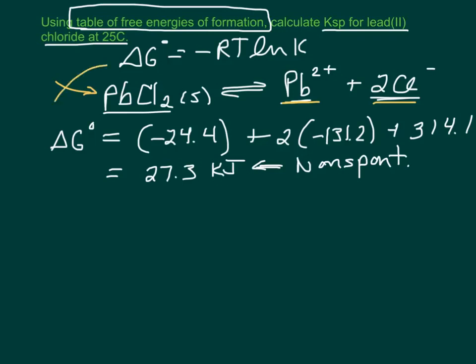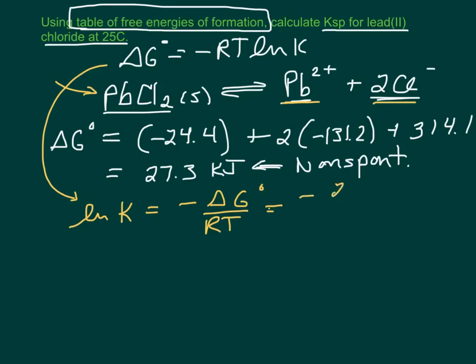So I'm going to take this equation and rewrite it: ln of K is minus delta G over RT. Now we've got our delta G, so negative, because there's a negative in the equation, 27.3 divided by R, 0.00831, in kilojoules, times the temperature, which is 298.